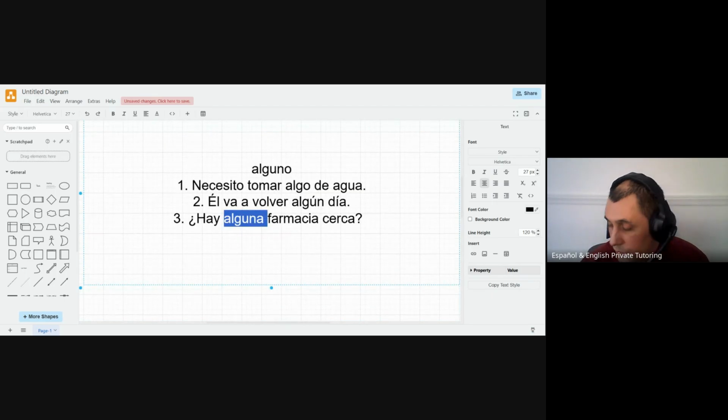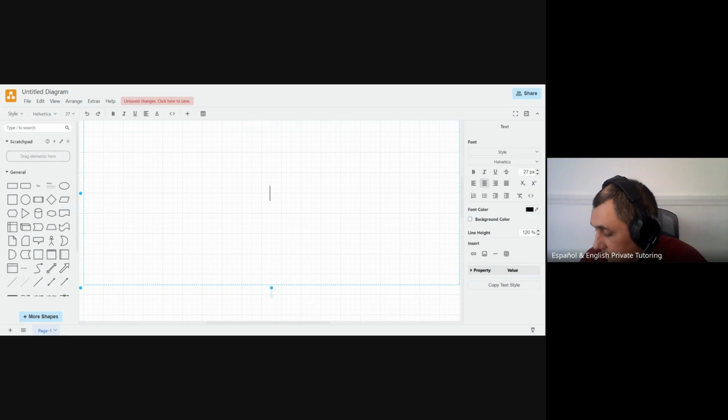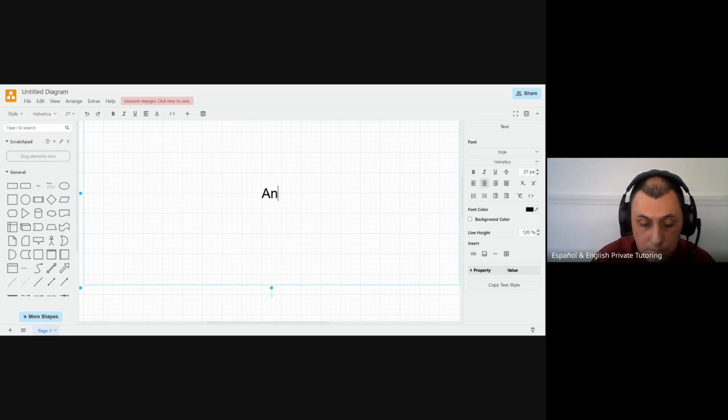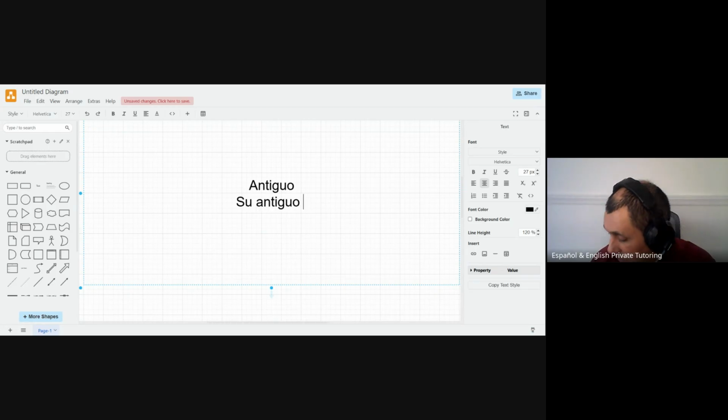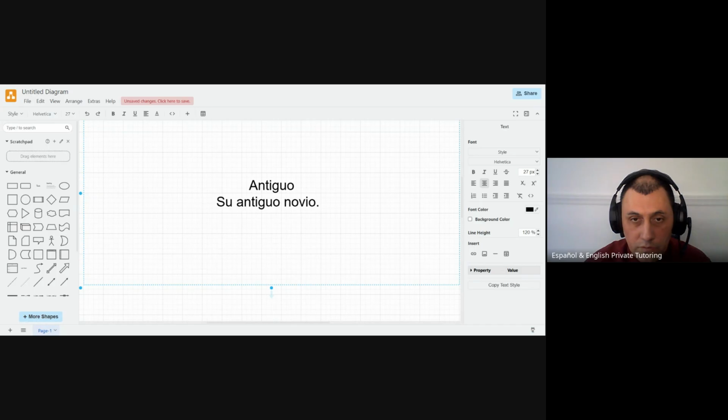Let's go now to page 110. We're going to talk about adjectives whose meaning depends on position. So the example they're giving you there is for antiguo. And the sentence is su antiguo novio.